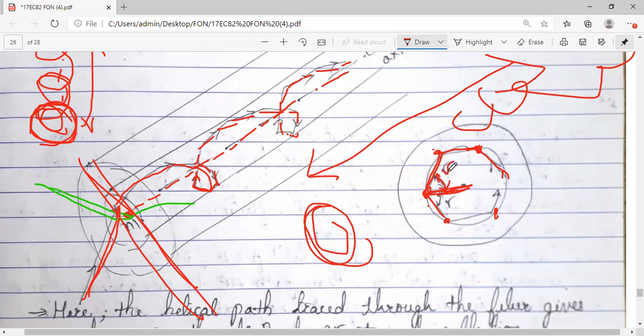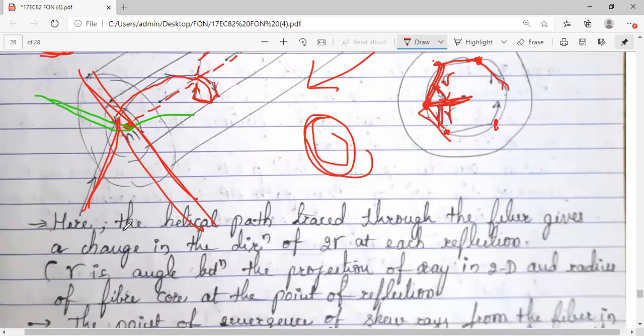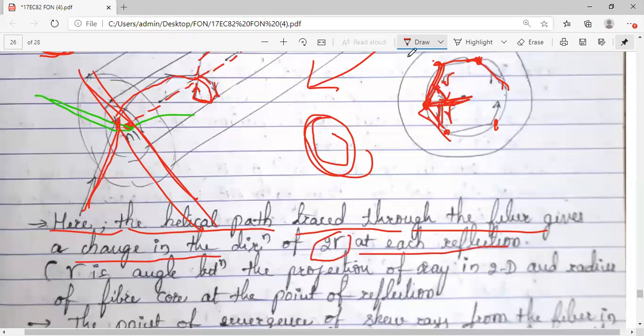This gamma is totally different from the gamma you use in microwave and antennas, the propagation constant. This is different. Gamma is the angle. If you see, this is 1 gamma, this is 2 gamma. Here the helical path traced through the fiber gives a change in direction of 2 gamma at each reflection.